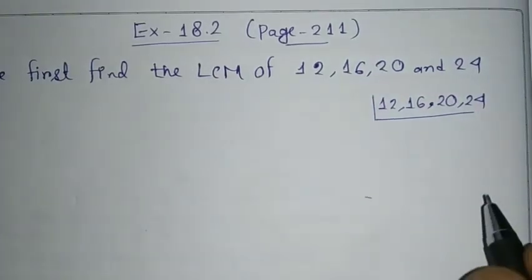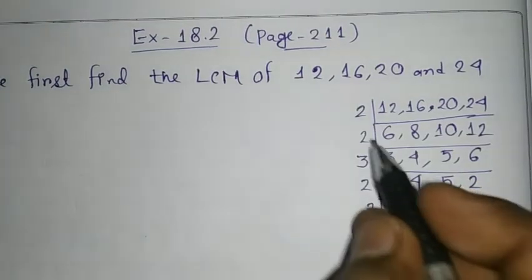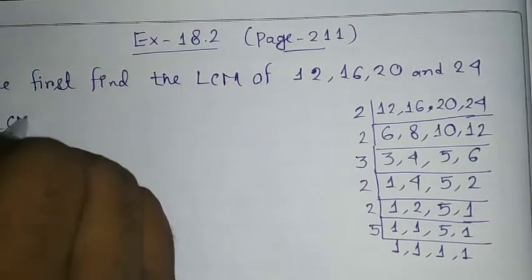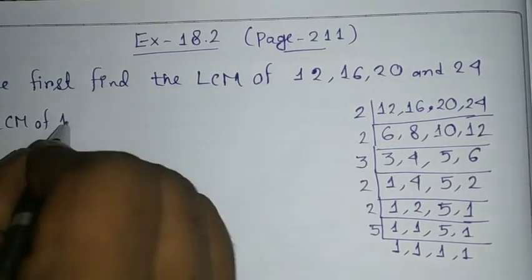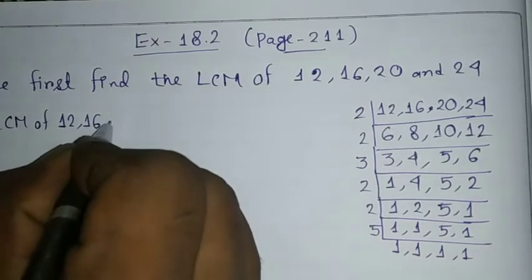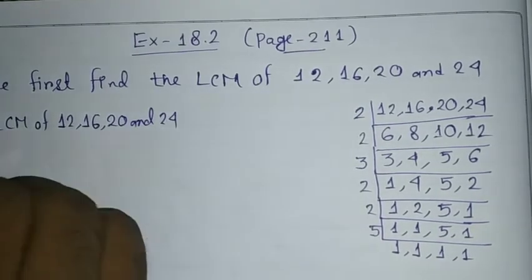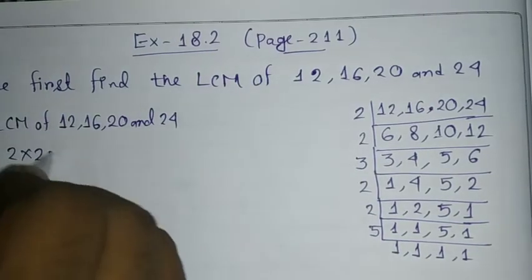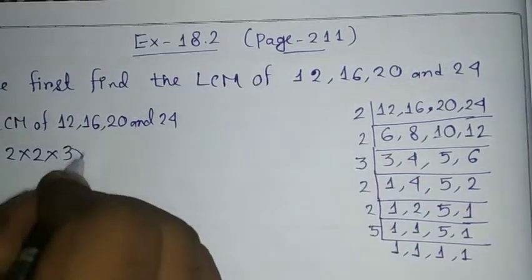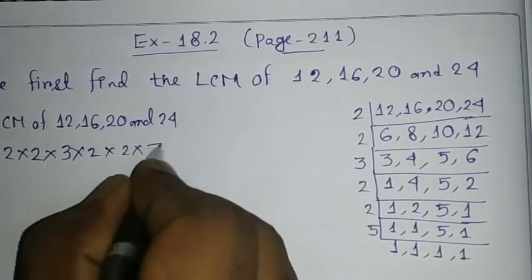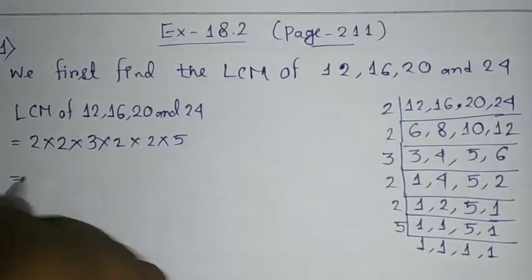I hope all of you can do it, so I am skipping this part. So we have done the LCM. So what do we write? LCM of 12, 16, 20 and 24 is equal to 2 into 2 into 3 into 2 into 2 into 5. So now what we need to do?